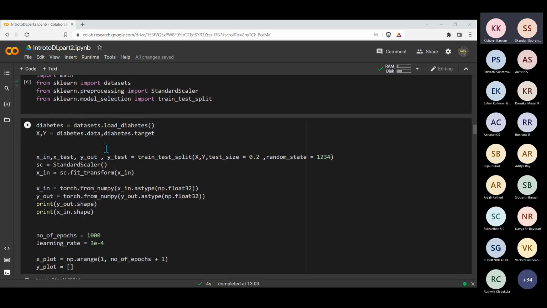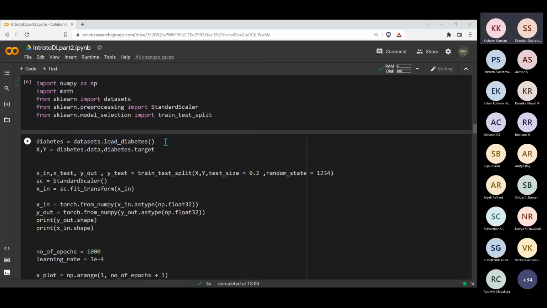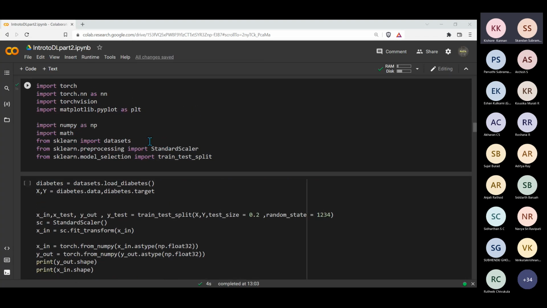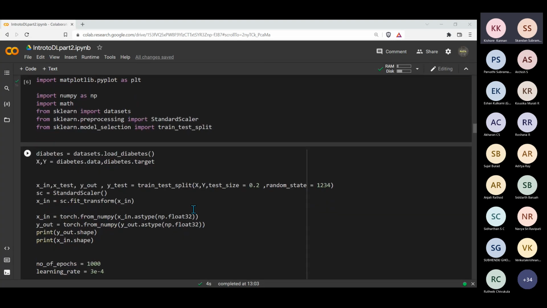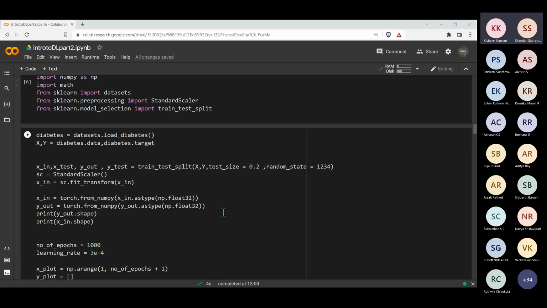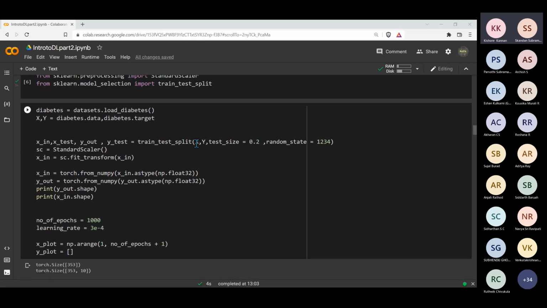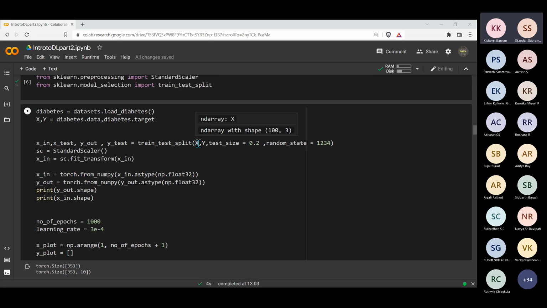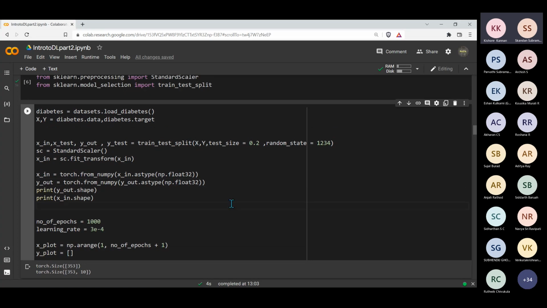So we take the diabetes data set from the sklearn datasets module, and here x is the data, and y is the target. Target is nothing but the actual value, and this is a regression data set. So we are going to predict some outputs through this network.